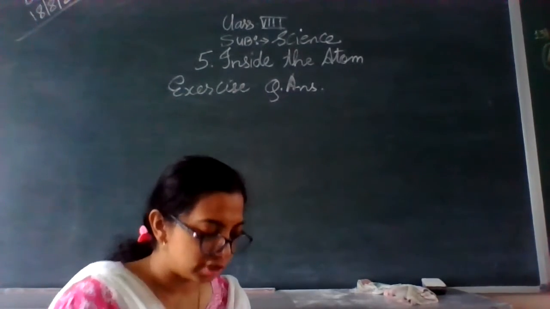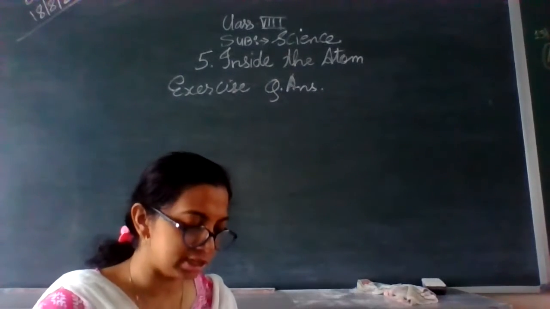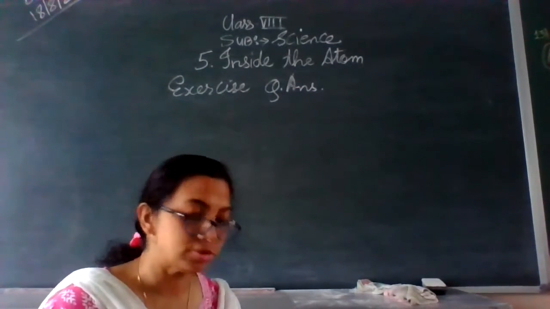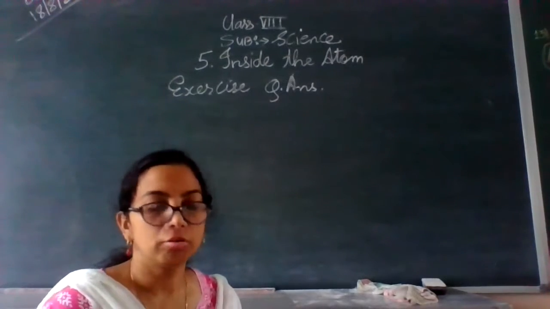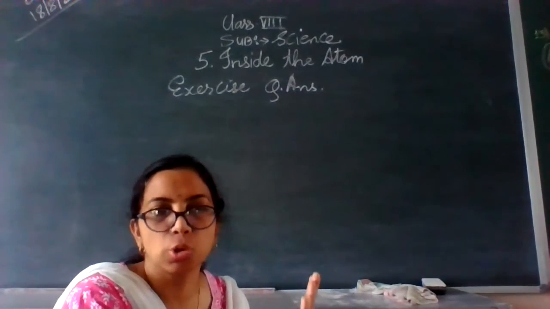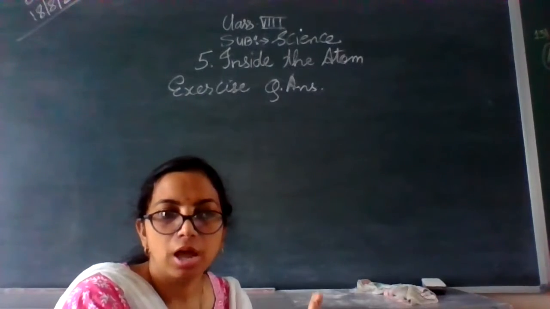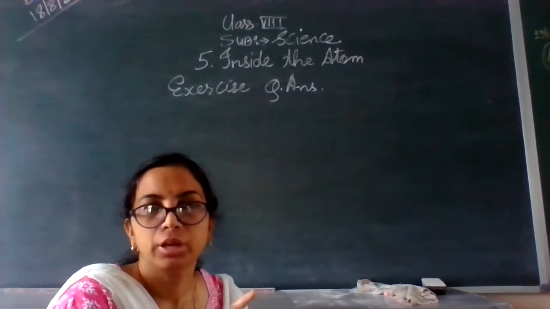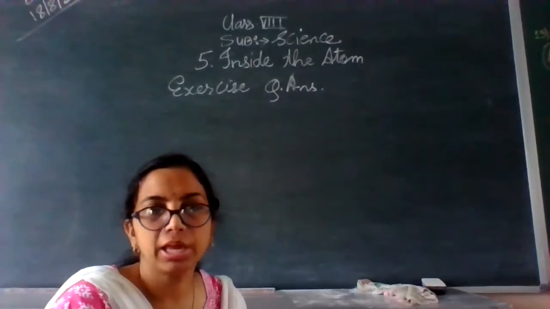From the exercise questions, the first question is, what is the difference in the atomic model of Thomson and Rutherford? According to Thomson, the positive charge is all over the atom and the negative charge is just embedded in between, like plum cake.